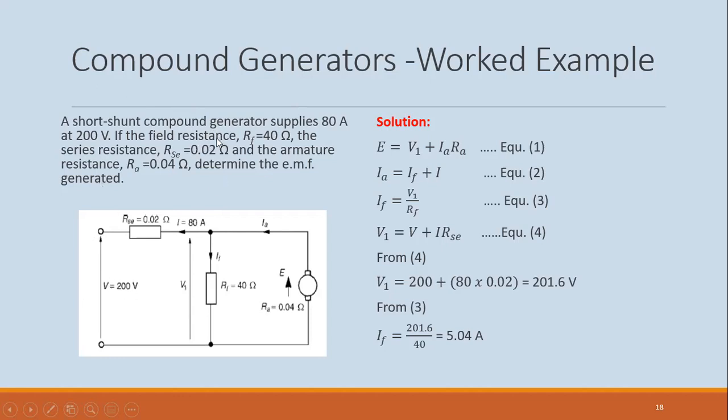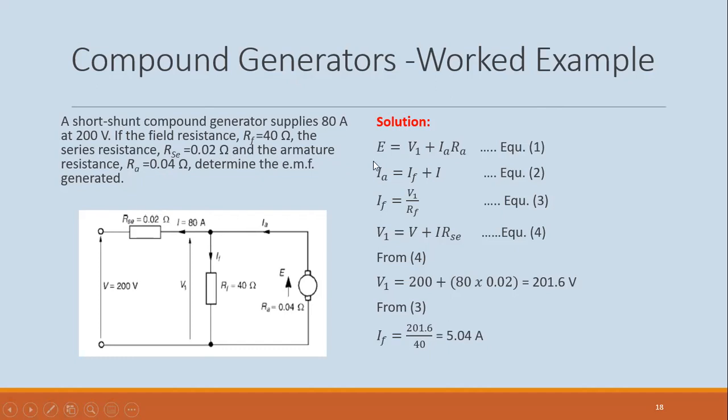If the field resistance RF is equal to 40 ohm and the series resistance is 0.02 ohm, and it is a short shunt, so this would be closer to the armature, and the armature resistance is 0.04, determine the EMF generated.